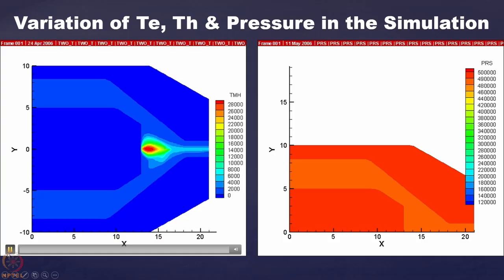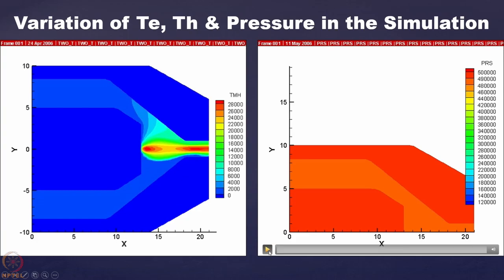So I will just show you that over here. You see this is the distribution that you are seeing in the zone as the simulation procedure proceeds. Now you see over here the same effect.